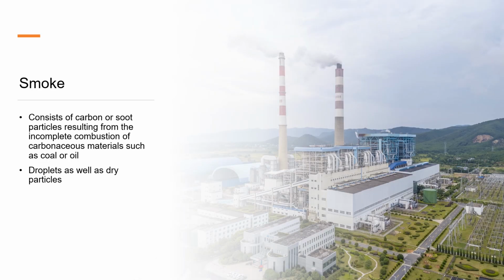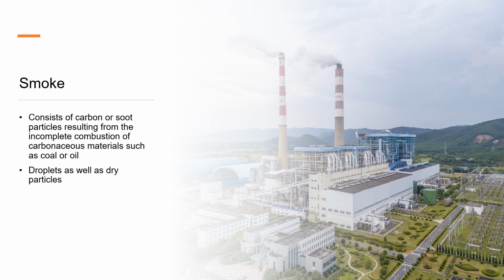Smoke is another very common air contaminant that is produced in a lot of occupational settings, as well as everyday settings. If somebody is burning foliage out in their yard, it might affect you if it's your neighbor.